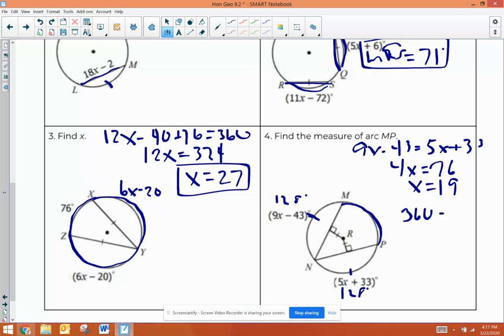So the measure of arc MP is just 360 minus 256, which would be 104 degrees. That's the real answer. Cool.